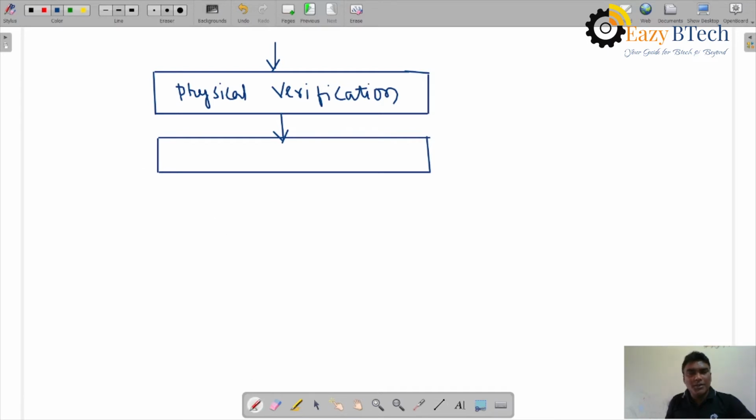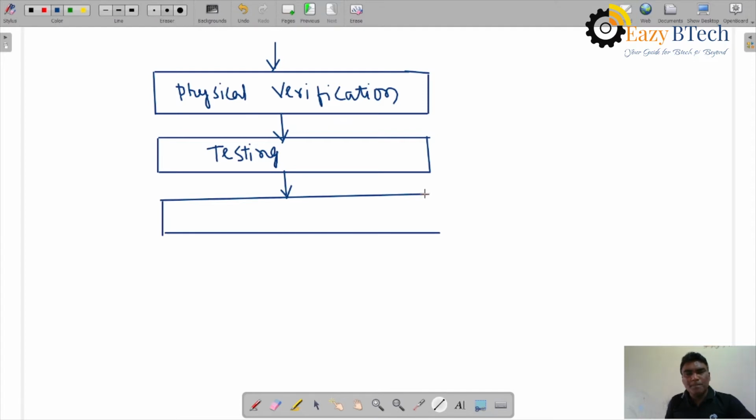So some continuous tests over a period of time. After the testing, finally it will be submitted to the chip fabrication.